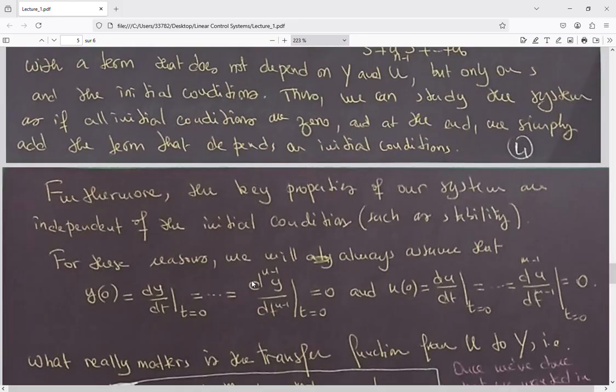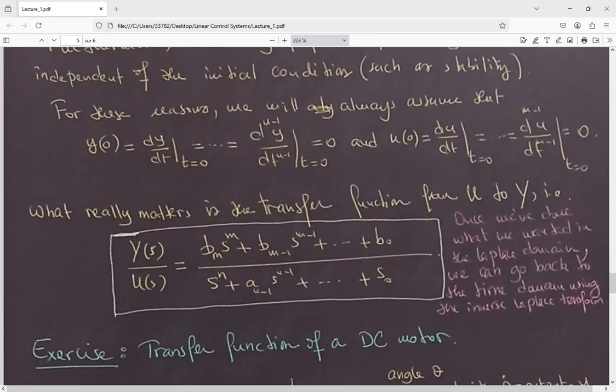Because if you study stability, something that we will define later on, the initial condition doesn't matter because you are dealing with linear systems. And if you want the exact expression of the output, you do all your analysis, get the transfer function, and then at the end, you add the initial conditions. So it really doesn't matter, that's why we will suppose that initial conditions are always 0.